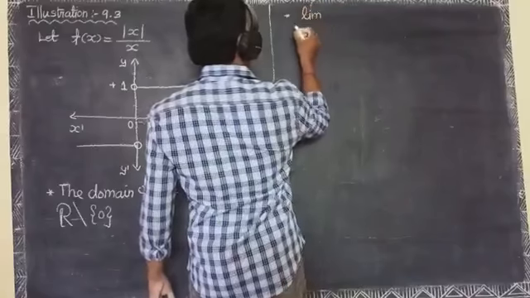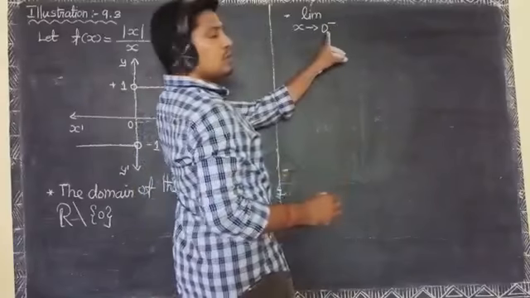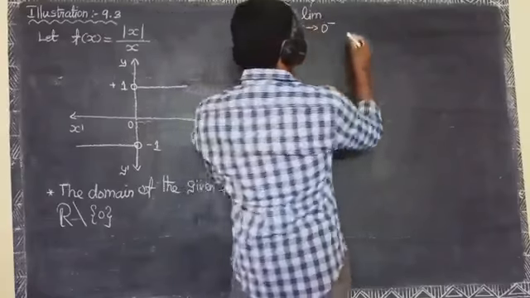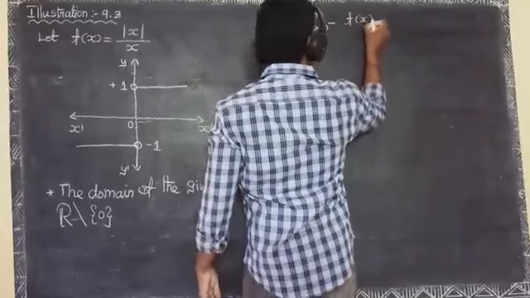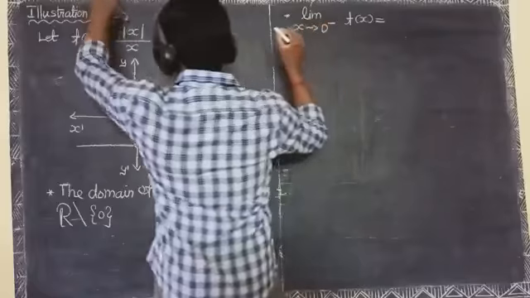Limit x tends to 0 minus means x approaches 0 from the left side.